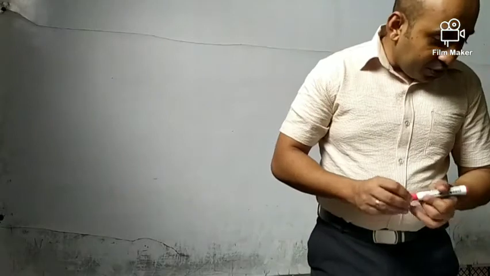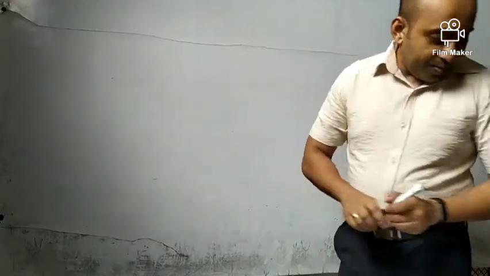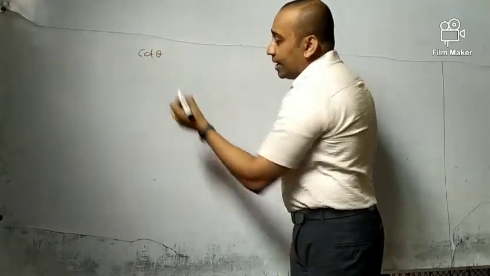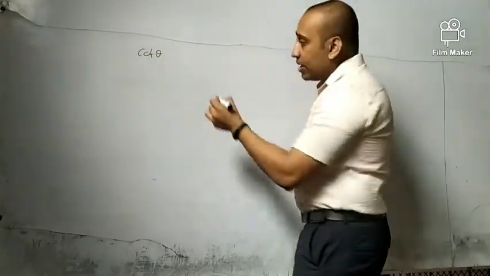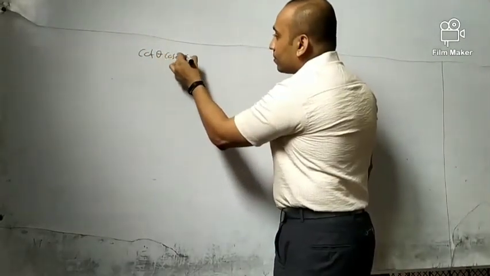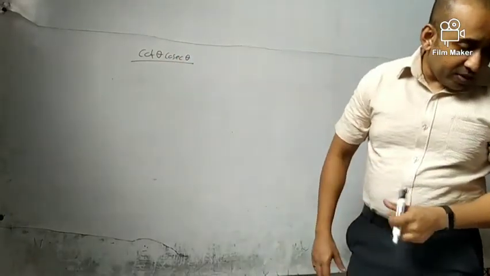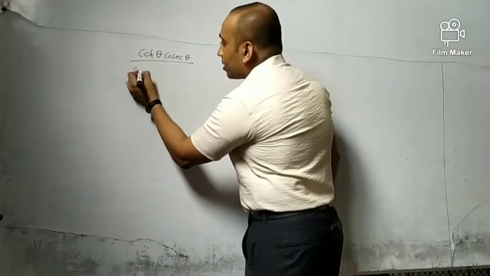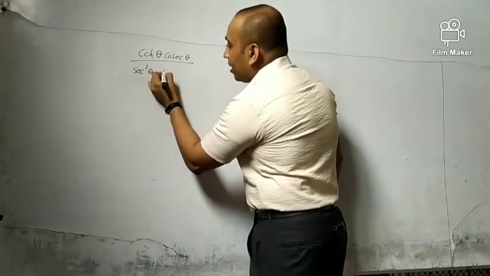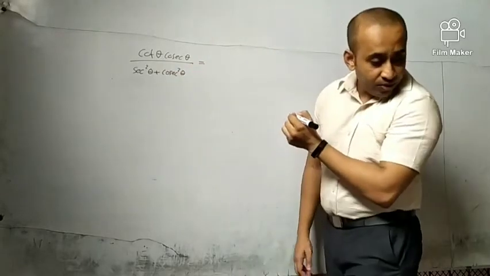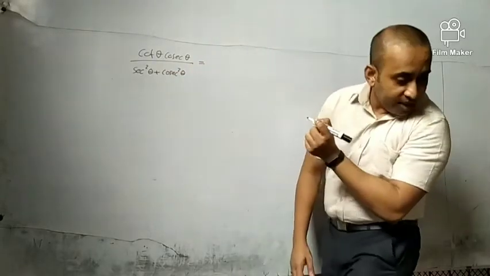The next part of the question is they ask us to prove that cot theta cosec theta over sec square theta plus cosec square theta is equal to cos cube theta.